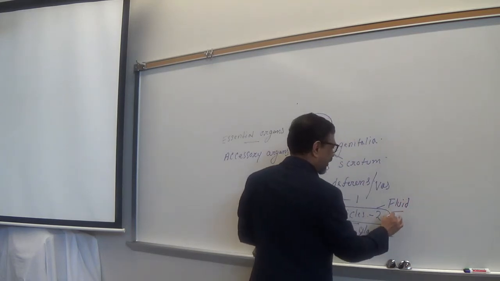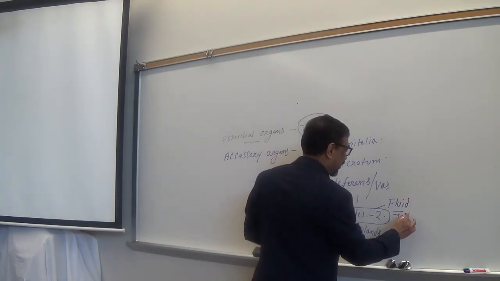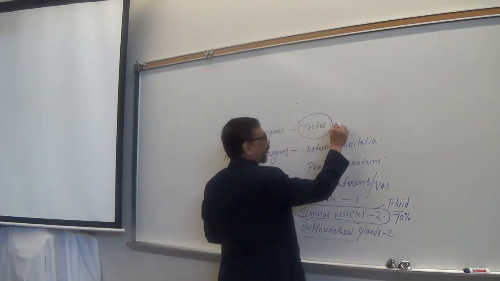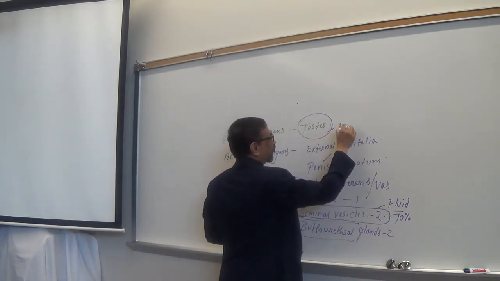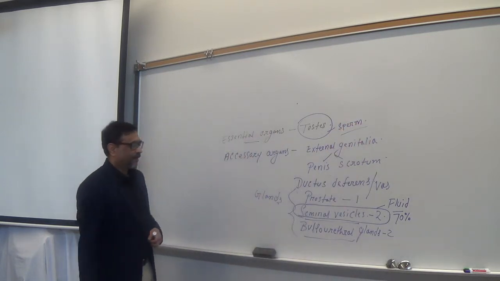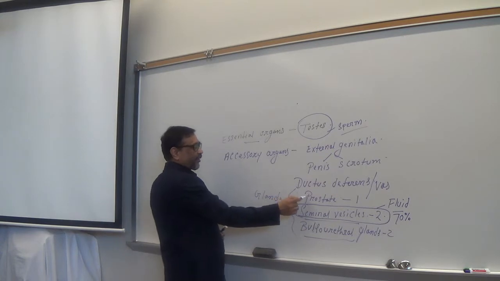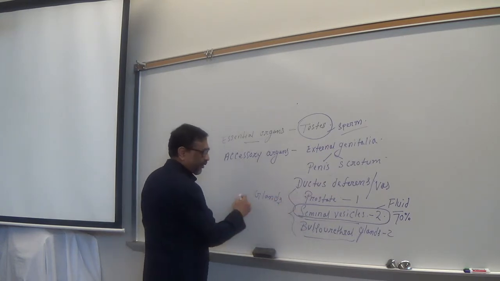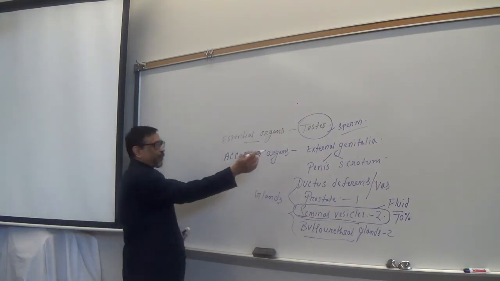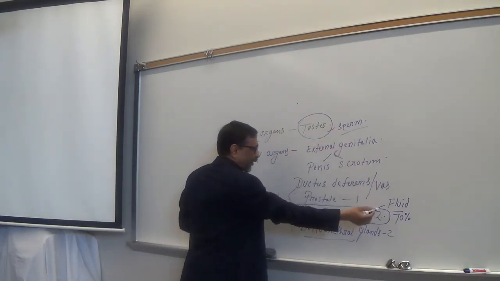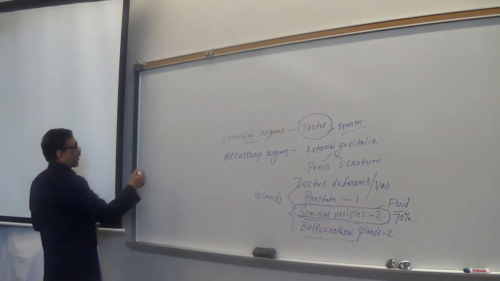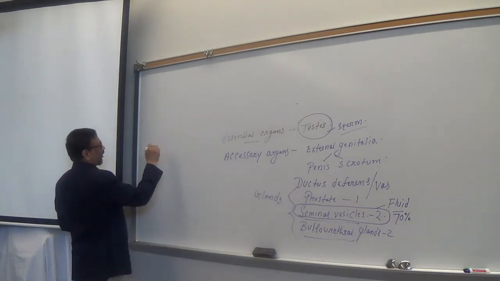About 70% of the volume of fluid comes from the two seminal vesicles, and testis produce sperm. A small amount of fluid comes from the prostate and bulbourethral glands. Now these two join together, sperm and fluid, and get out from the body. That is the ejaculation.